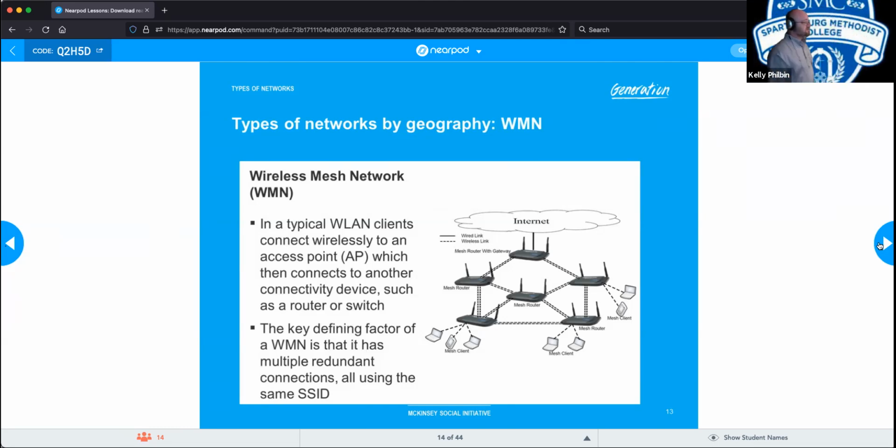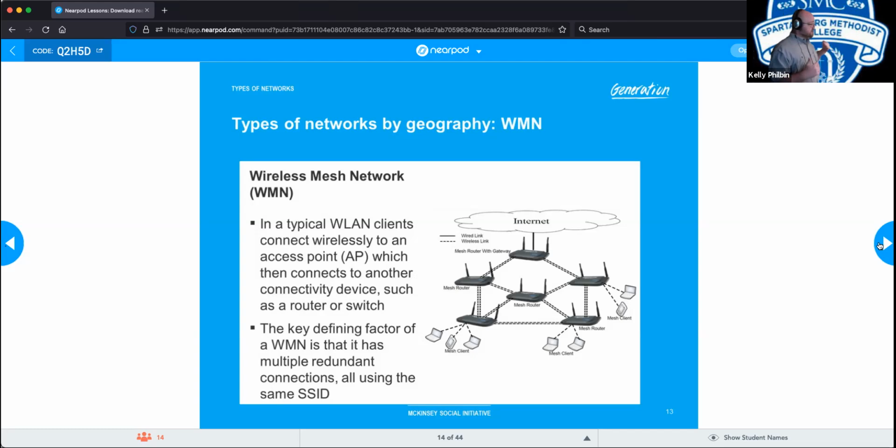So wireless mesh network. This is where you would have a master unit that controls all the subsequent units connected to it in the network. So you would have multiple access points, or WAPs, wireless access points, and they would all work together. They would have the same SSID and password.